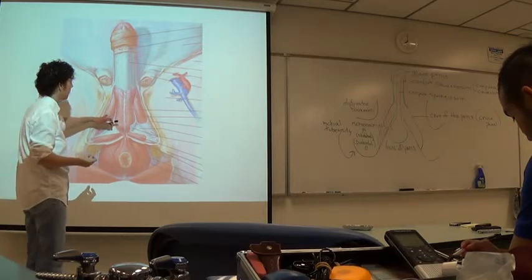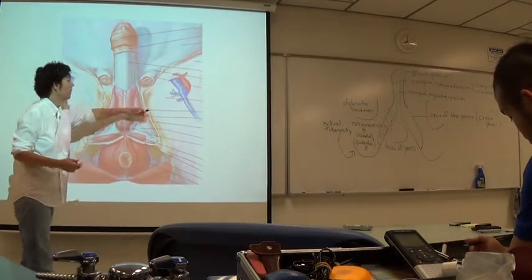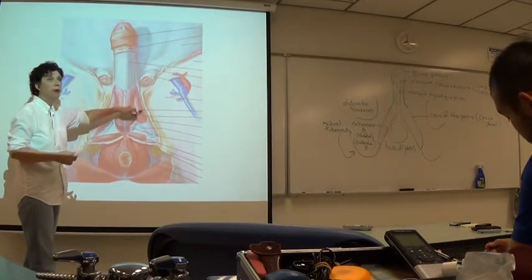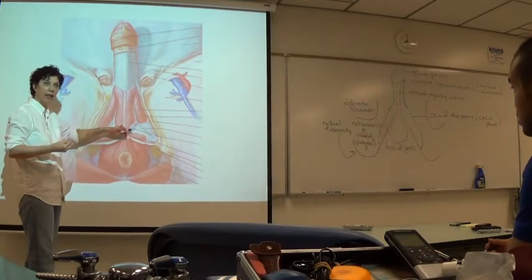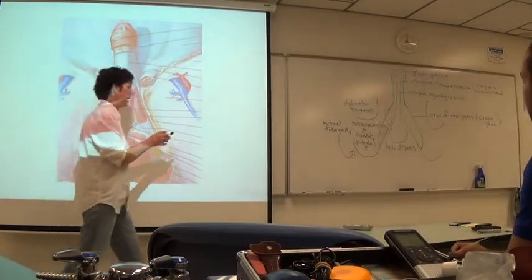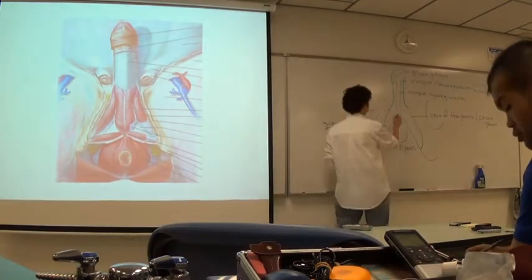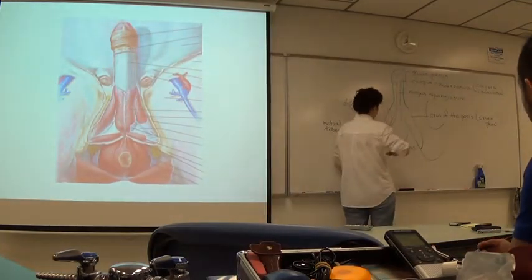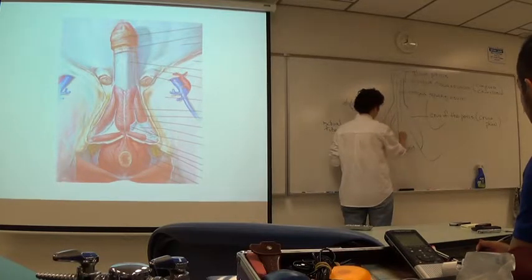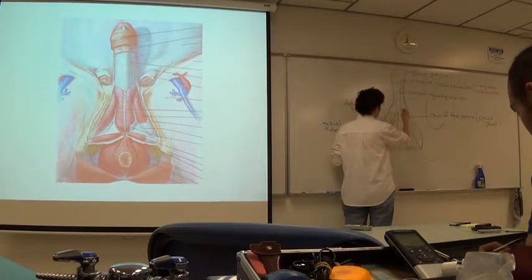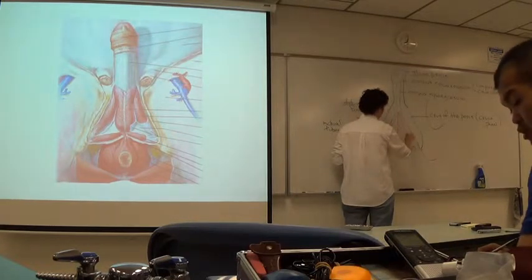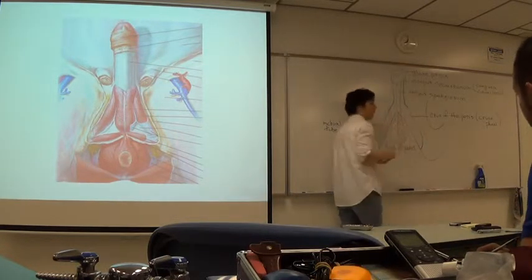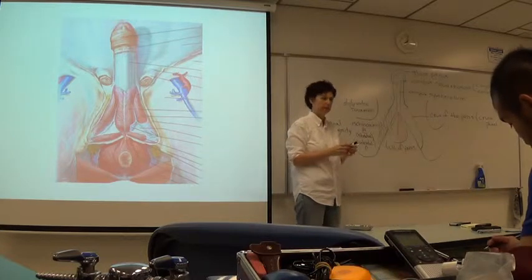So ischiocavernosus, two of them, and two bulbospongiosus muscles that meet in the middle. I don't know if you remember the term raphe from skeletal muscle last semester. So we have a connective tissue raphe, and partially onto the corpus and covering the bulb, we have the bulbospongiosus muscle.